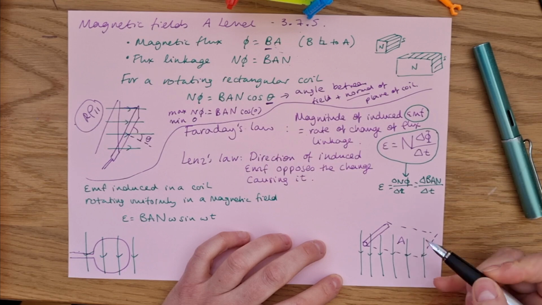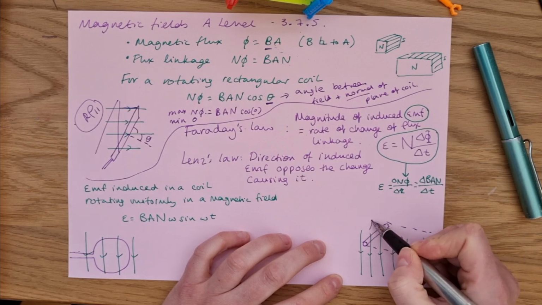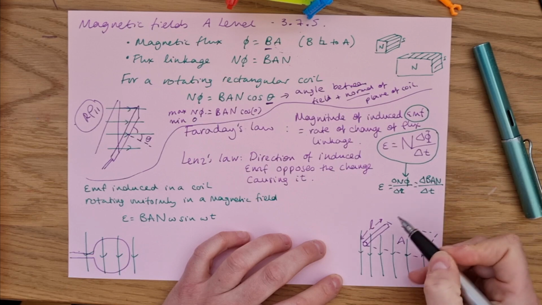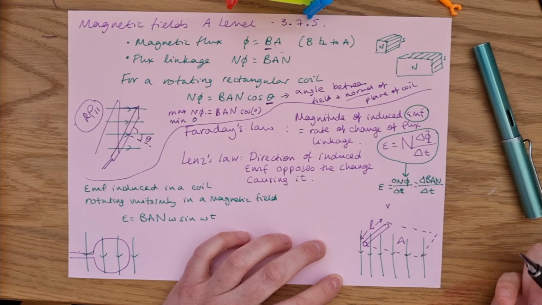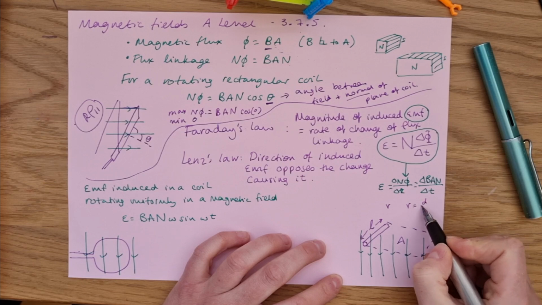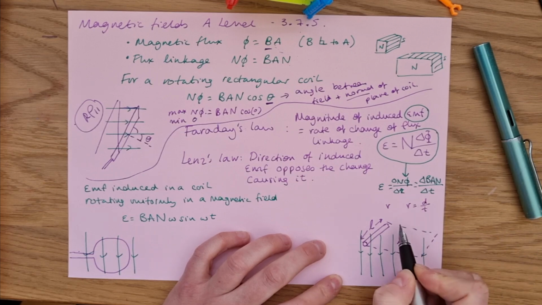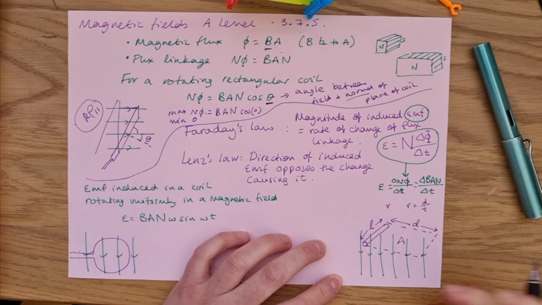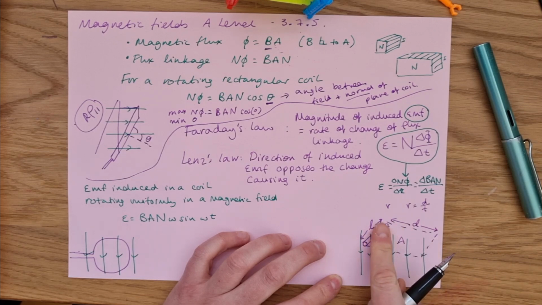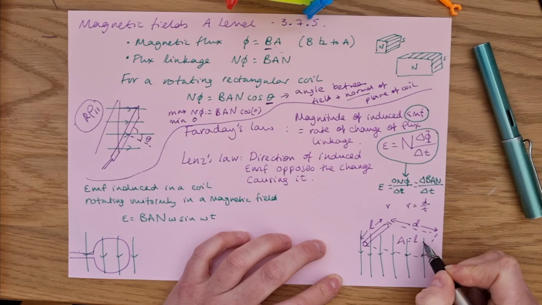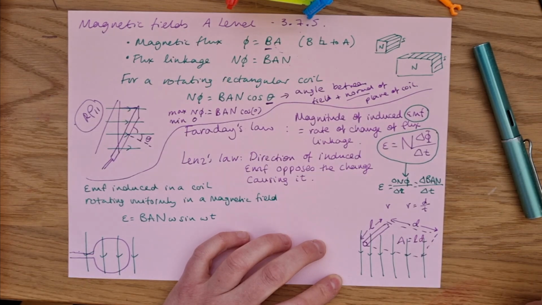Now, this area here, well, this is the length of the conductor here. If the conductor is moving with a velocity v, then the speed is going to be the distance it travels divided by the time taken. This here represents the distance that my wire has travelled. And so this value for area is going to be the length of wire multiplied by the distance it's travelled.